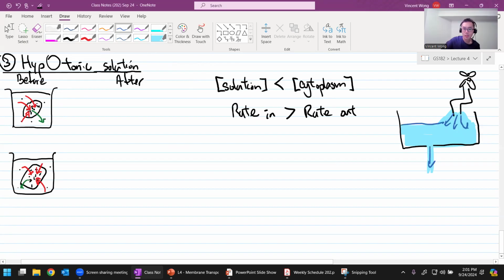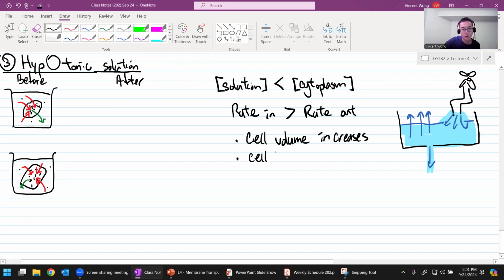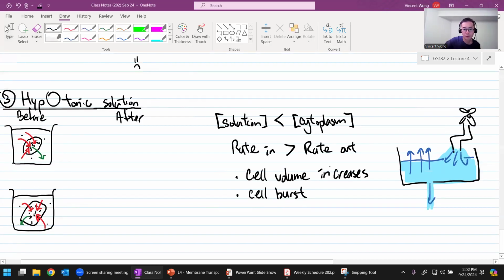Because more water is coming in than leaving, the water level will go up, and eventually it will overflow. So in the case of our cells, rate in is greater than rate out, and the cell volume increases. And eventually the cell will burst. For animal, anyways.